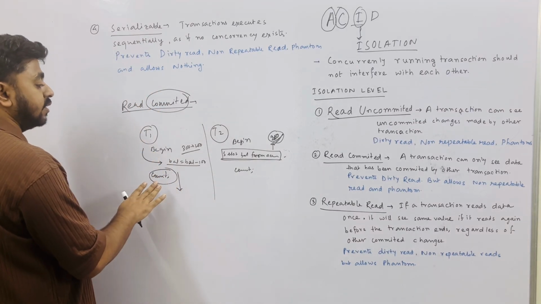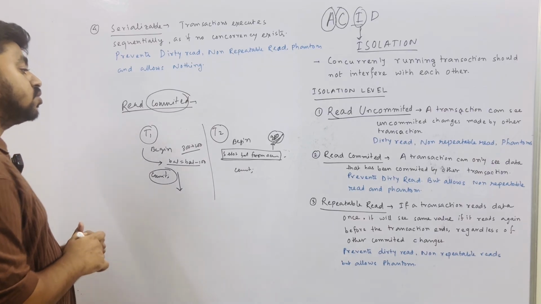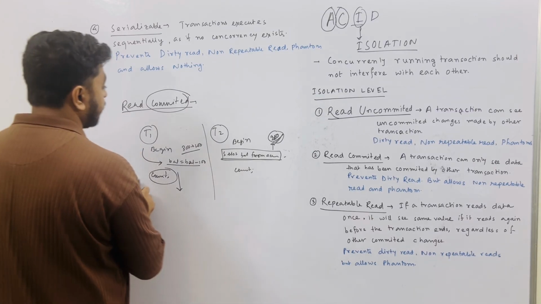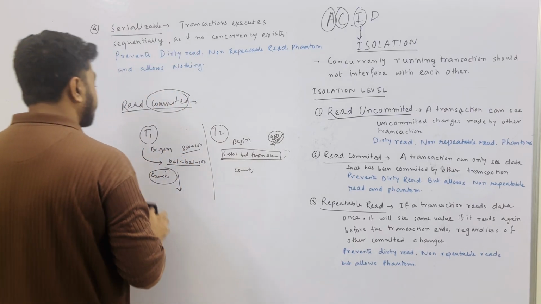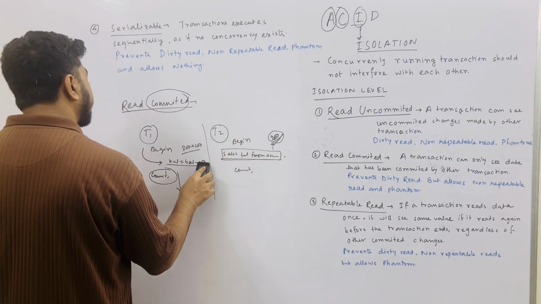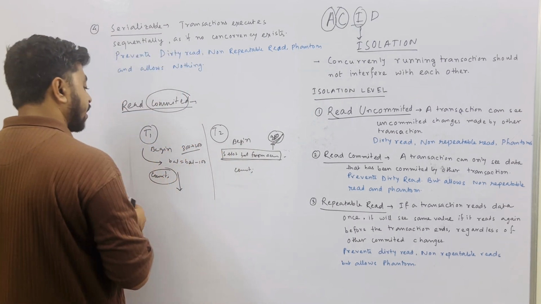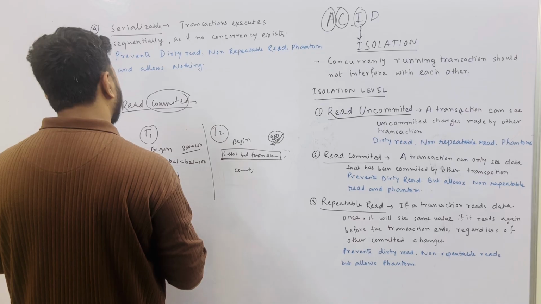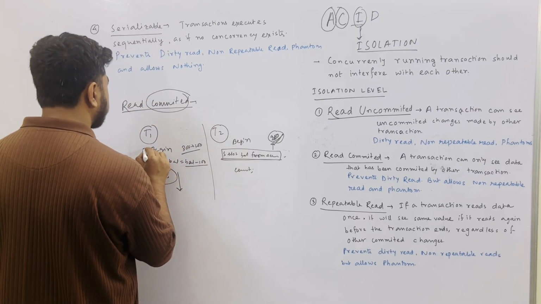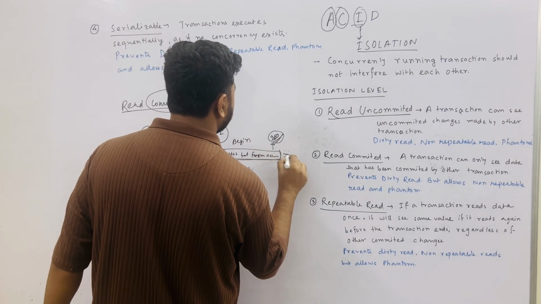So what is it preventing? It is preventing dirty reads, because it is not able to read the uncommitted records, but it is not preventing non-repeatable reads. Why? Because if T1 committed but T2 is not committed yet, the value might get changed from 300 to 200. Suppose after this transaction starts, it fetches the value, so the value is 300.